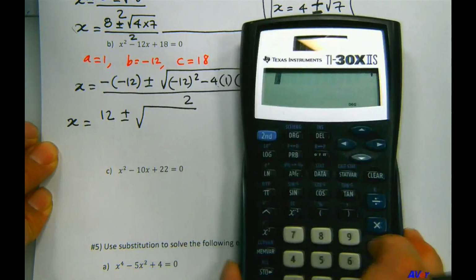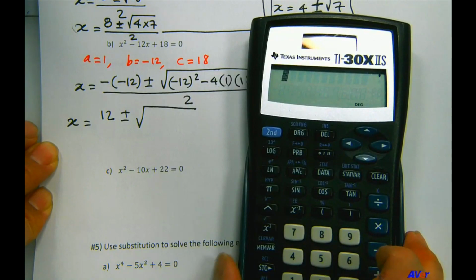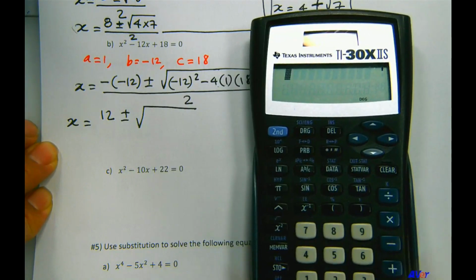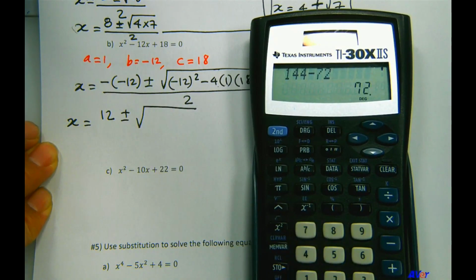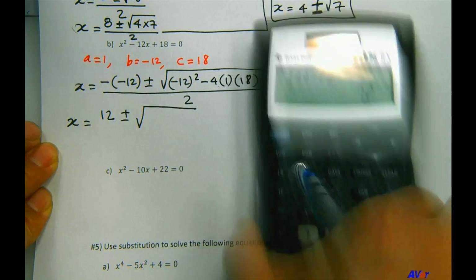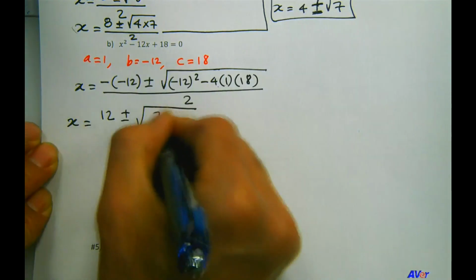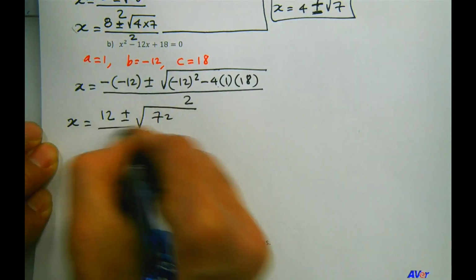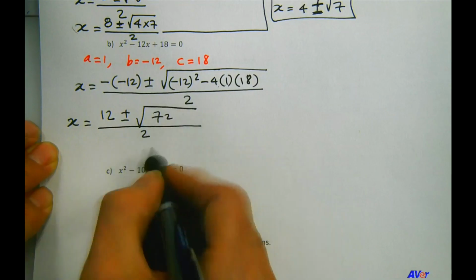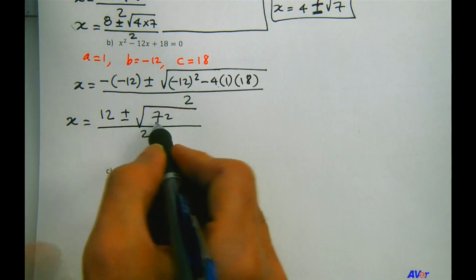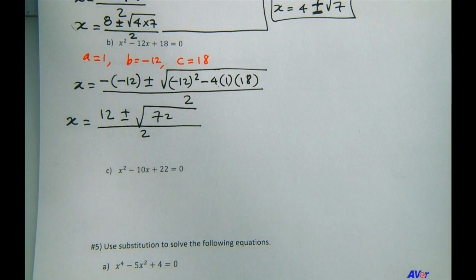So 144 minus 72, we got 72, right? So 72 divided by 2. Okay, so 72 is 9 times 8, and 9 can be written as 3 squared.